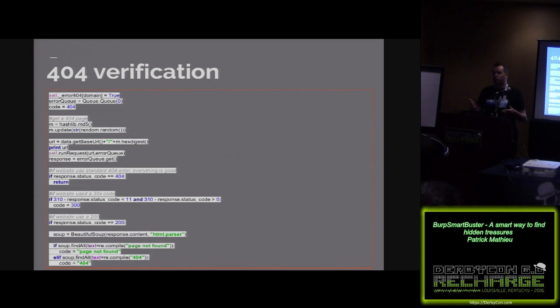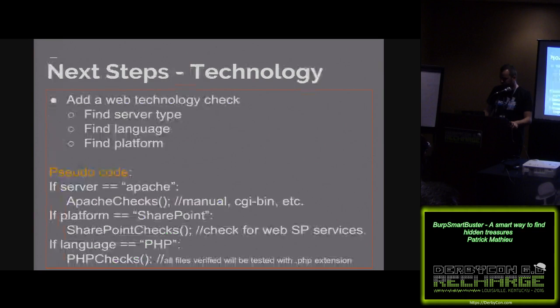I look for text like "page not found" or "404" or something like this. If you're testing a website that says a text which is not in the code, you add an if with this code, and that's it. So the code is there. The only thing that needs to be done is add an if based on this to say in the results "this might be a false positive".